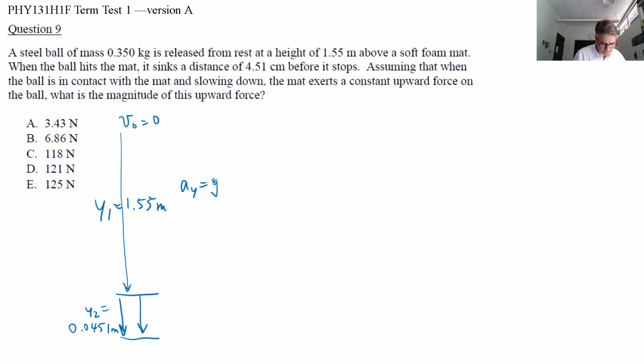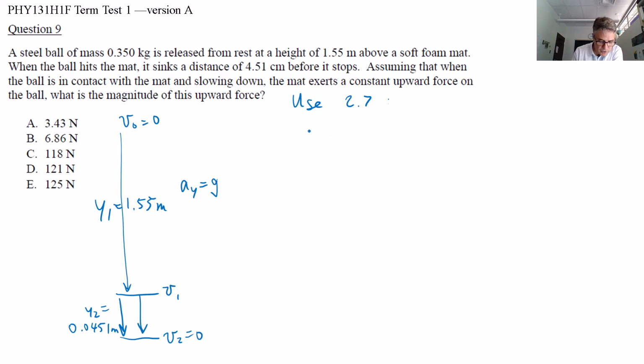But then, here, it's going to stop. I guess V2 is going to be 0, right? And then there's V1 down here. So V1 will be the initial of this second motion, and the final of the first segment of motion. Again, we don't really care about the times here, so we're going to keep on using equation 2.7, and it's a good thing I wrote this equation on my aid sheet.